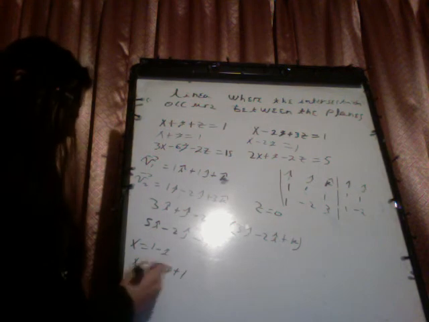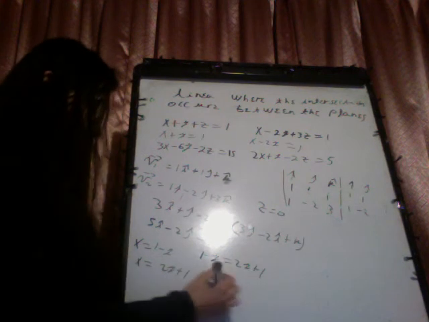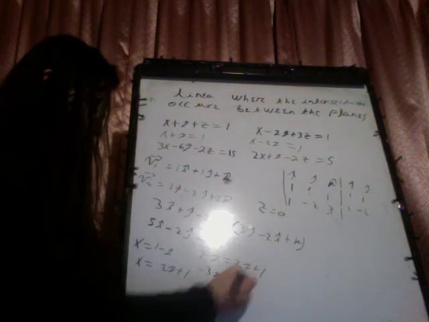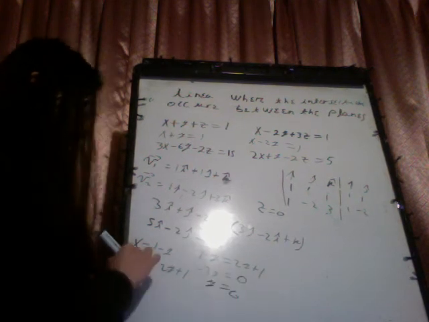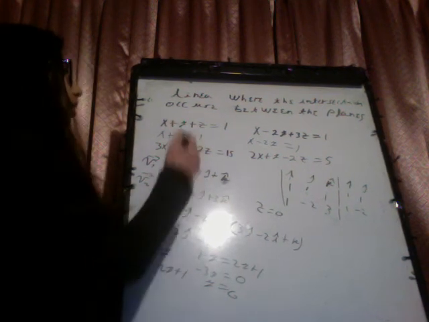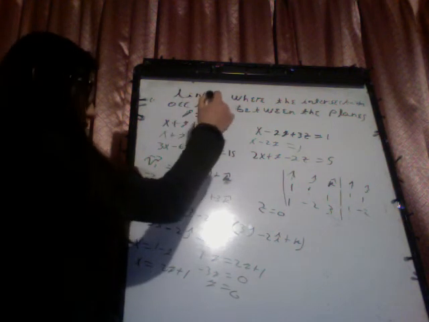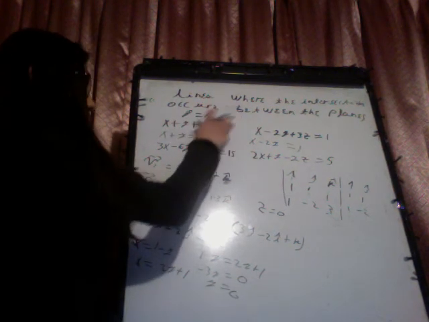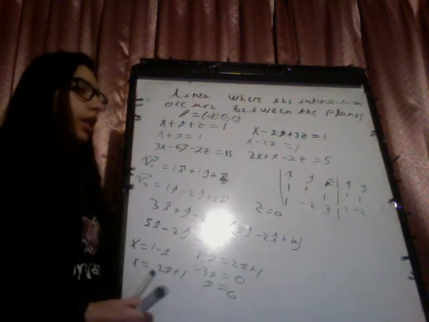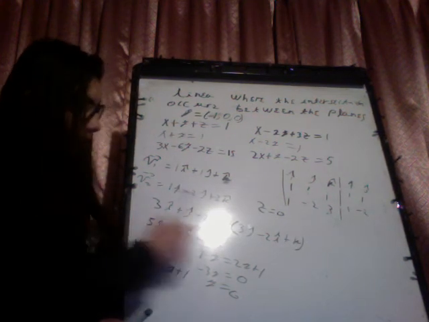So I have 1 minus y is equal to 2y plus 1. I have minus 3y is equal to 0. So y is equal to 0, and x is equal to 1. Alright, so the point that I'm taking is P equals 1, 0, 0.